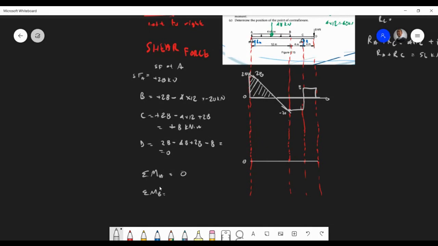So at B, we've got two forces acting. The first force is RA, and RA is 28. That's 28 times 12, going upwards, and then you have 48 times 6, right? And then moments at B yield a result of 28 times 12 minus 48 times 6 to give you 48 kilonewton meter, right?